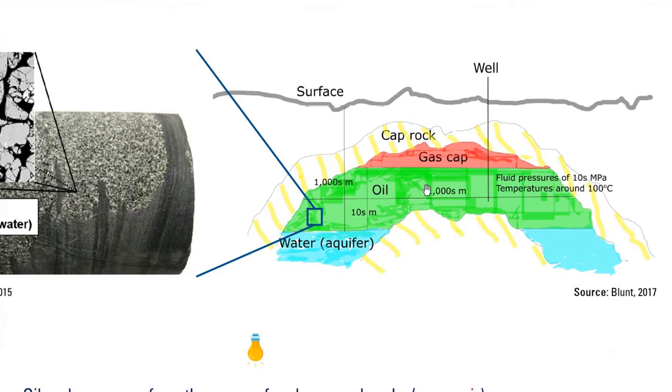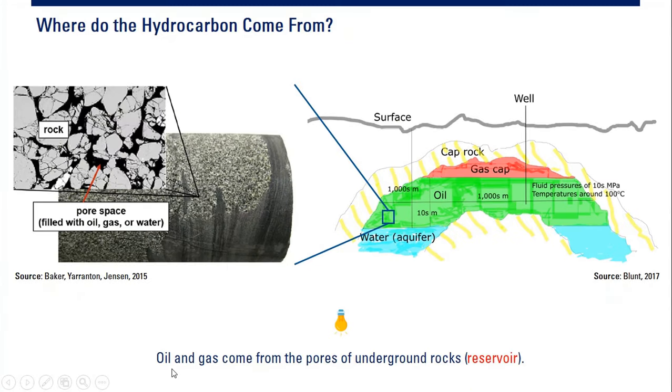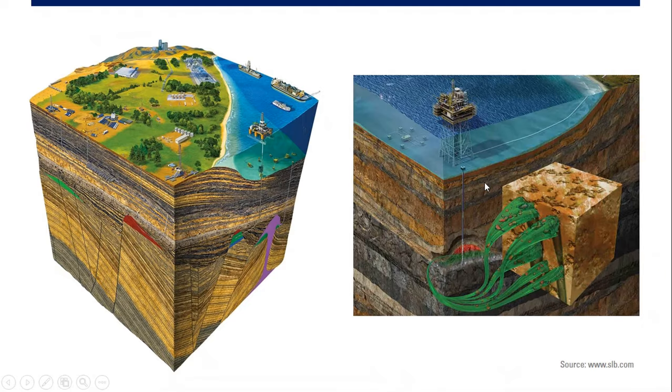It has porosity. So oil and gas come from the pores of underground rocks. And the real reservoir can be depicted like this.